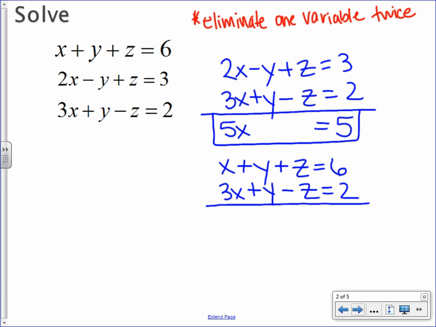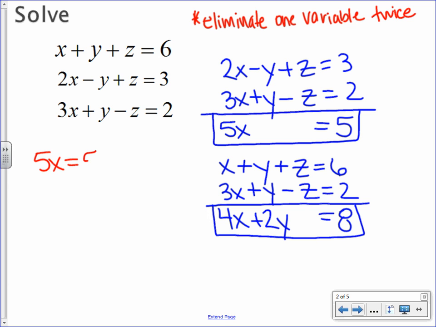When we add these together, what do we get? 4x plus 2y equals 8. Now we have two equations with only two unknowns. So let's write what we have: 5x equals 5 and 4x plus 2y equals 8.